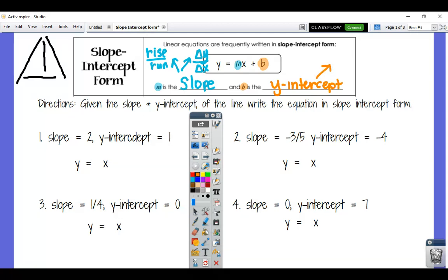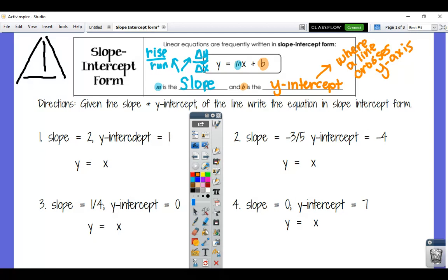Basically, where does the graph cross the y-axis? Remember, the y-axis goes up and down and the x-axis goes left and right. So my y-intercept, think of it as it's in the name, is going to cross my y-axis.